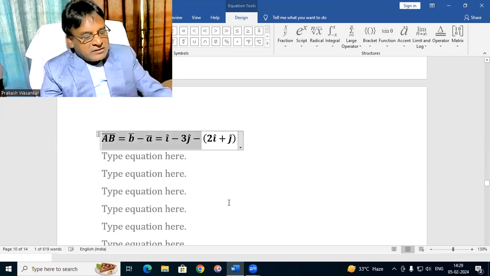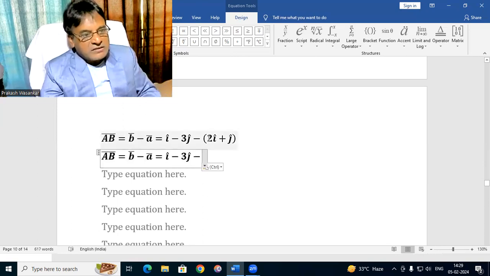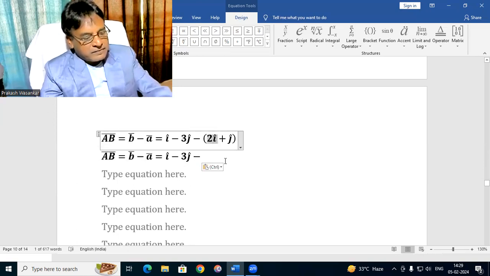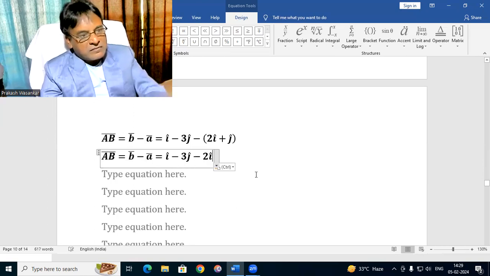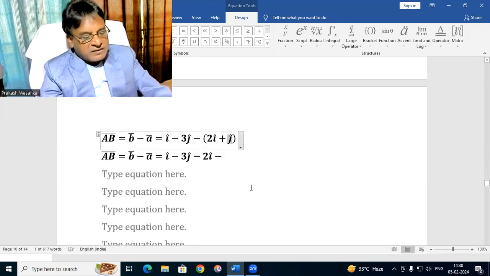AB bar equals i minus 3j, then multiply the negative sign to each term in this bracket: that is minus 2i, and negative times positive gives minus j.